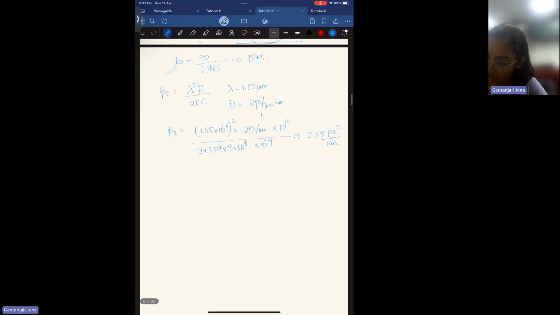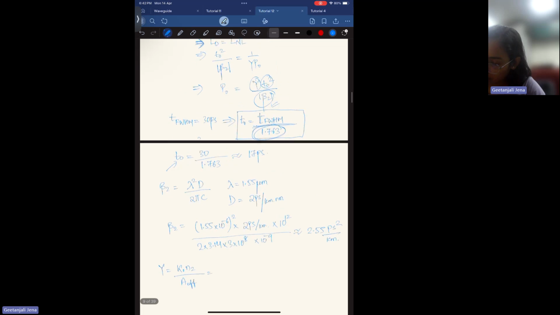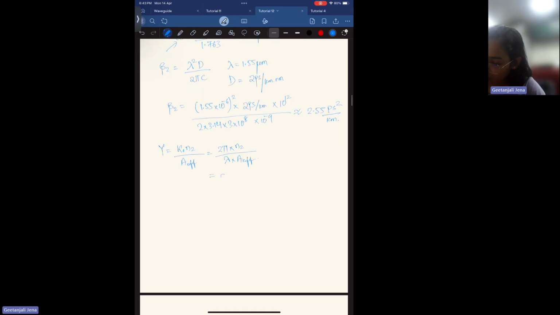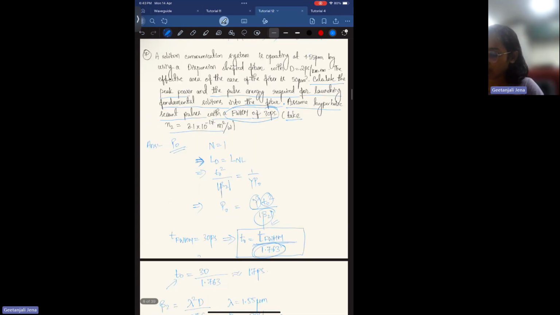So now we know beta 2 also. Let us calculate gamma now. Gamma will be k0 n2 by A effective, where k0 is 2 pi over lambda, with n2 being 3.1 into 10 to the minus 17.